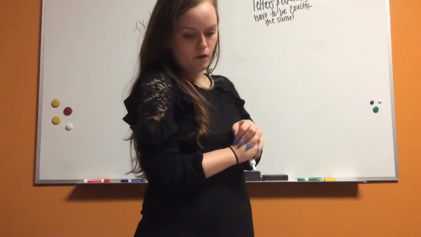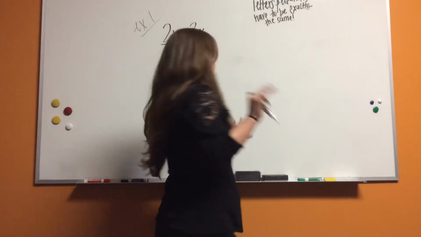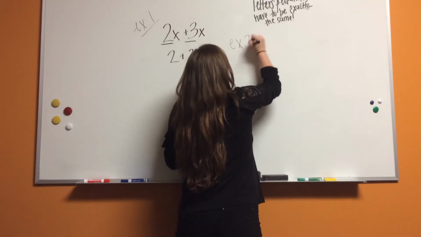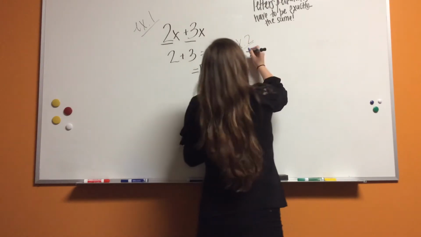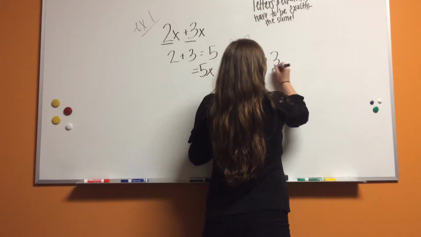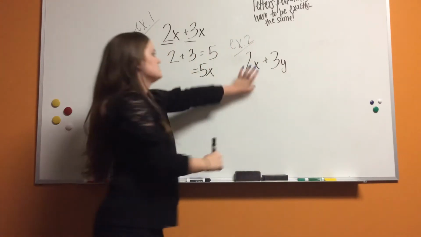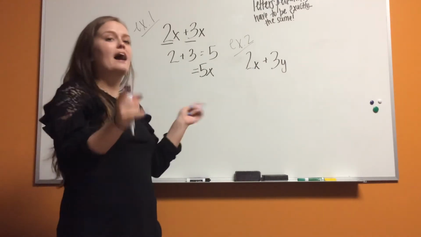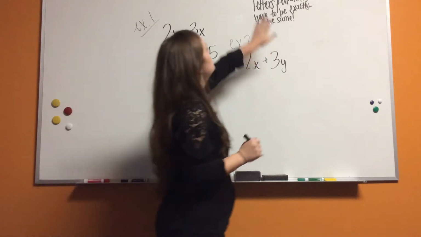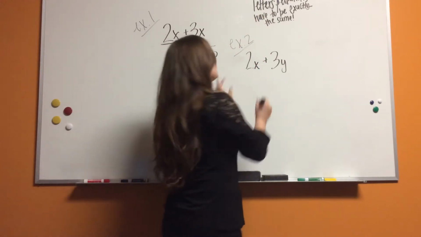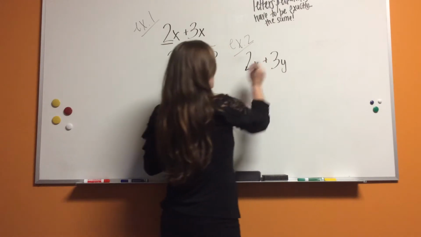Our next example is going to be with different variables, okay? So example 2, we're going to do 2x plus 3y. All right, so how would we simplify this one? Good, exactly, we can't, because the variables are different in this one. So this is as simply as we can write this one.